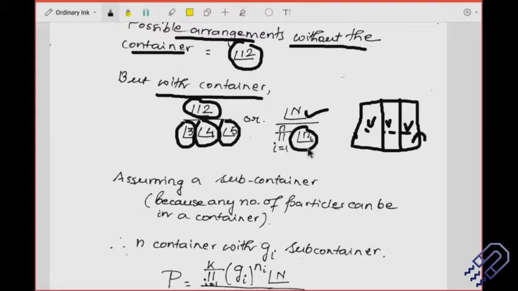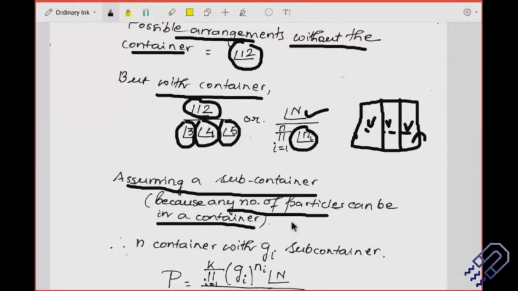Now we assume further that we consider a sub container, not just a container. The reason is that we are going to analyze gas molecules within a container. If we divide that container into different parts, we cannot really predict how many particles can be there in a container.